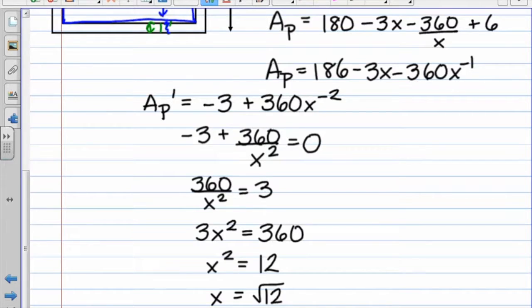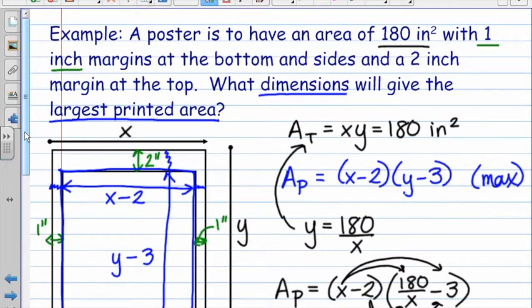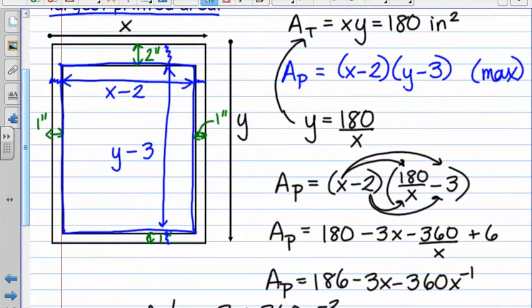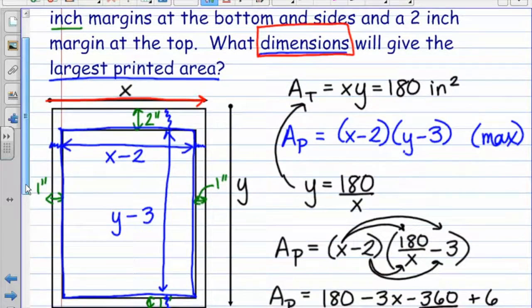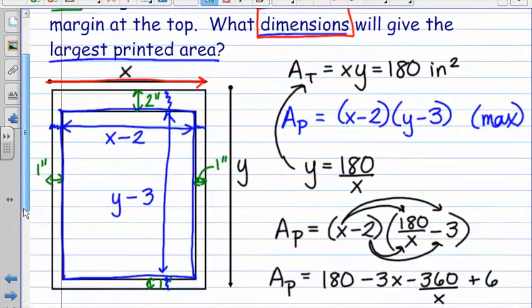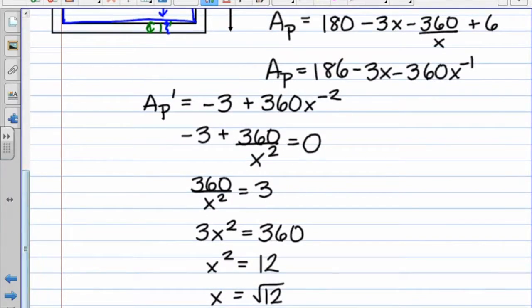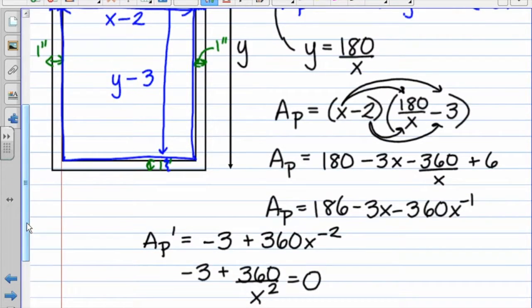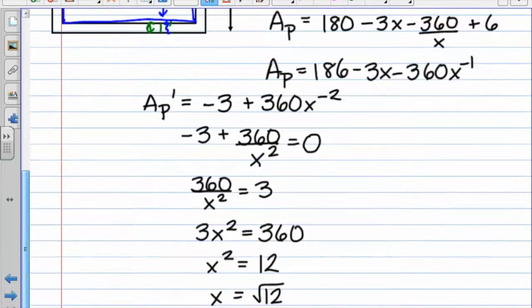Okay, this is inches. But again, I have to look at what my original problem was asking for. My original problem was asking for the dimensions that will give the largest printed area. So I do need the y dimension as well. I have the x, and now I need the y, and the y dimension was that equation 180 over x.